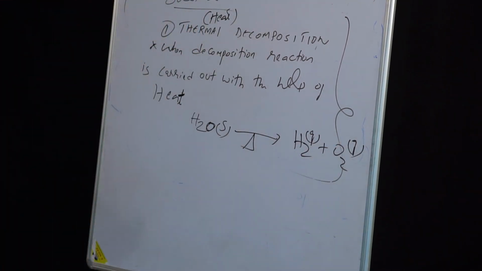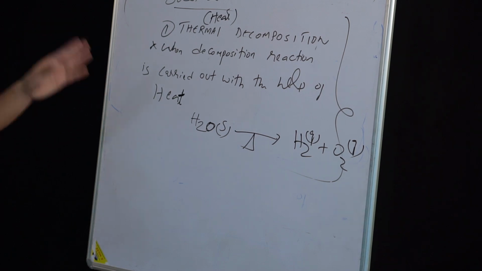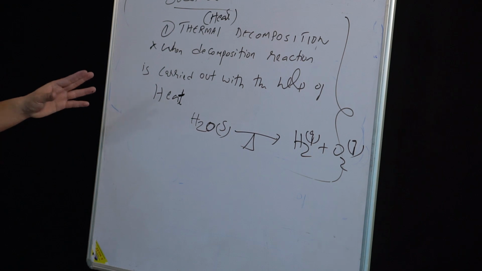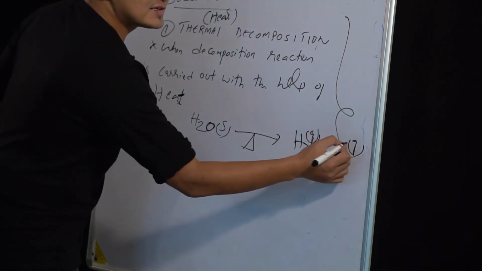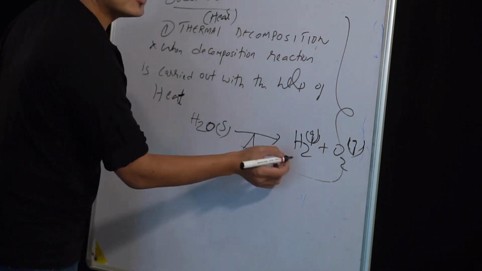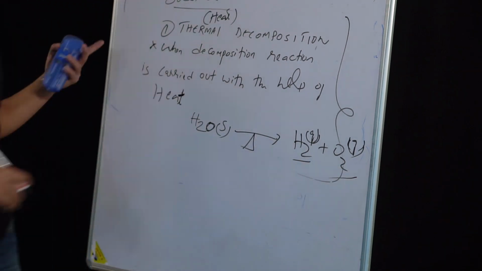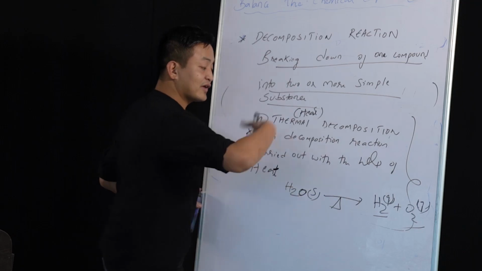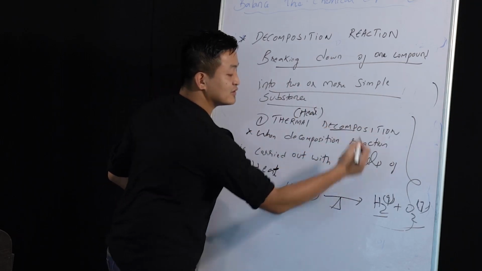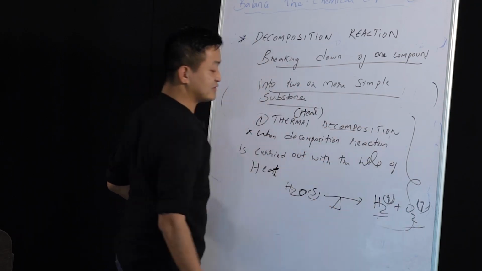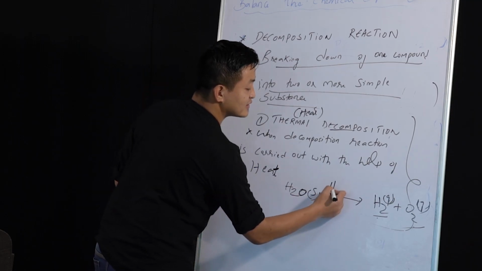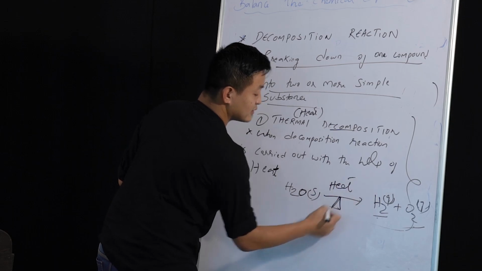Now just imagine, if you heat the water for a long time, you'll see gases coming out. What type of gases? Hydrogen and oxygen. That means water is already breaking down. So this water has already been decomposed into hydrogen and oxygen with the help of heat. Clear?